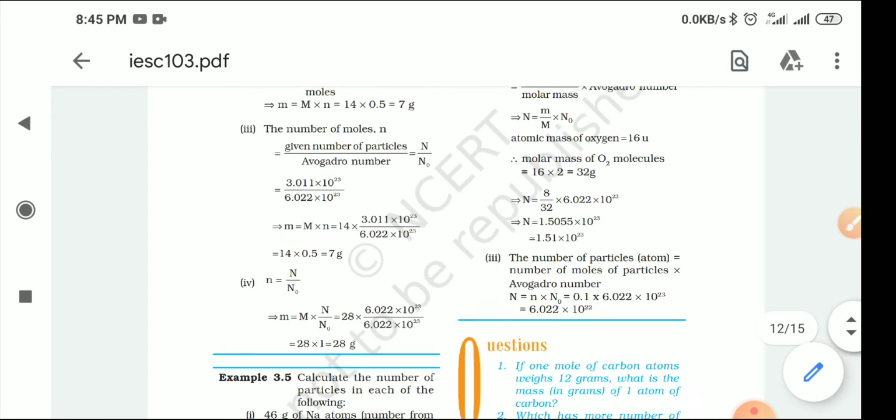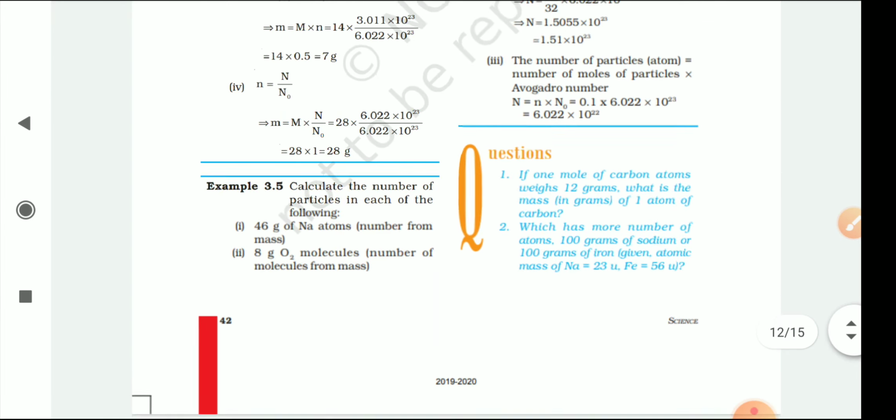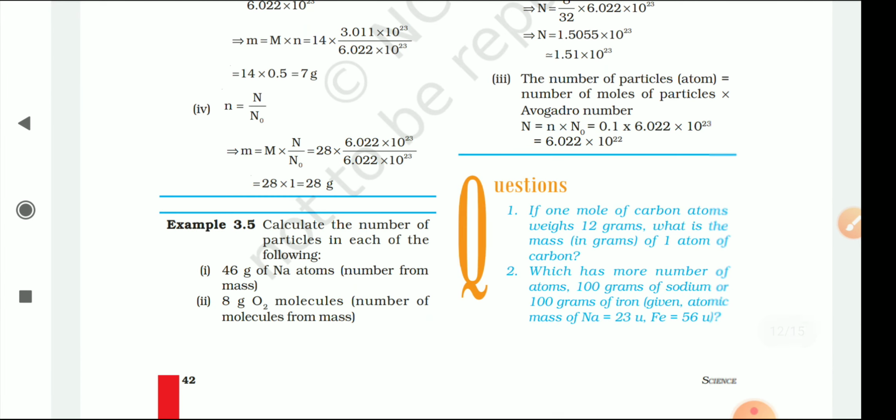Now let's talk about another example. Calculate the number of particles in each of the following. Here you can see that 46 gram of Na atom was given. You have to calculate the number of particles, so again we are talking about numbers, Avogadro number. It is simple: given mass over molar mass multiplied by Avogadro number.